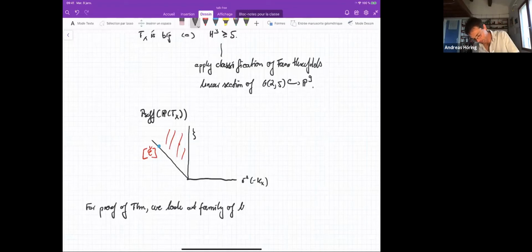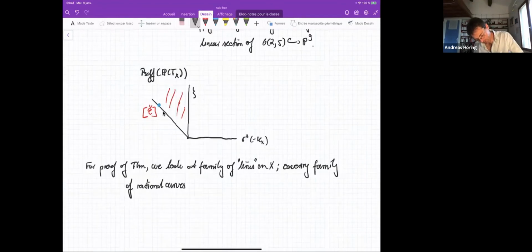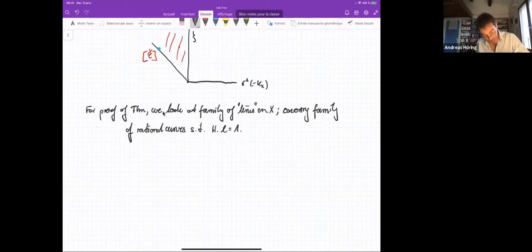I mean, it's a covering family of rational curves which has degree 1 with respect to this polarization, such that H intersected with L has degree 1. It's a classical object in the theory of del Pezzo threefolds. And then what we obtain is the following formula for C-hat.